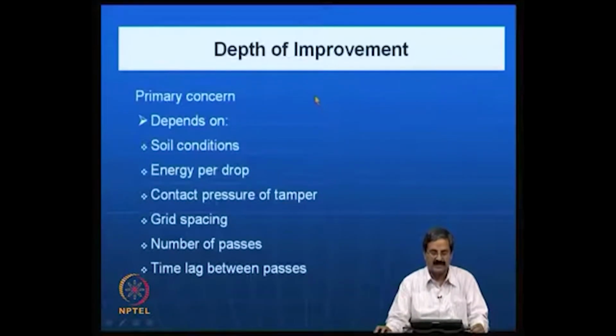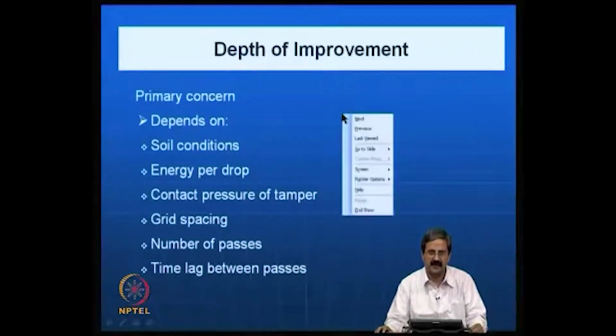What is the primary concern in dynamic compaction is the depth of improvement, which depends on the type of soil, the energy per drop, the contact pressure of the tamper, then grid spacing, number of passes, time lag between passes. These are some of the important variables.